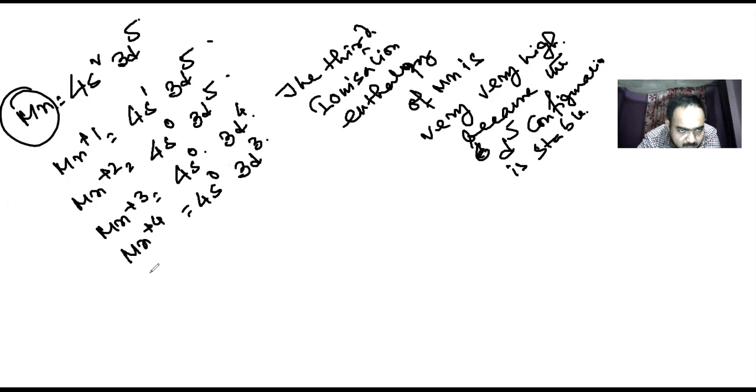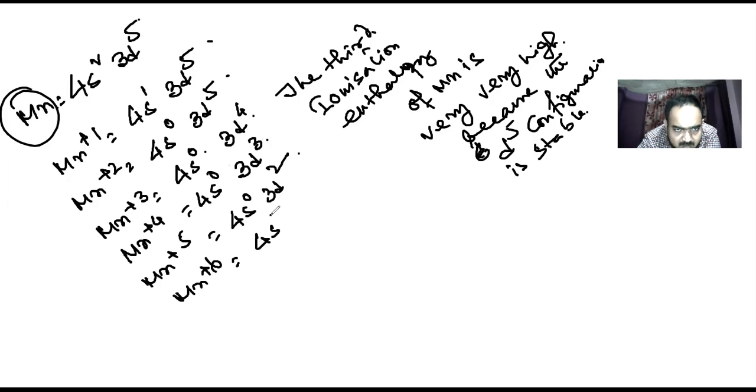Manganese +4, 4s0, 3d3. Manganese +5, 4s0, 3d2. Manganese +6, 4s0, 3d1. Manganese +7, 4s0, 3d0.